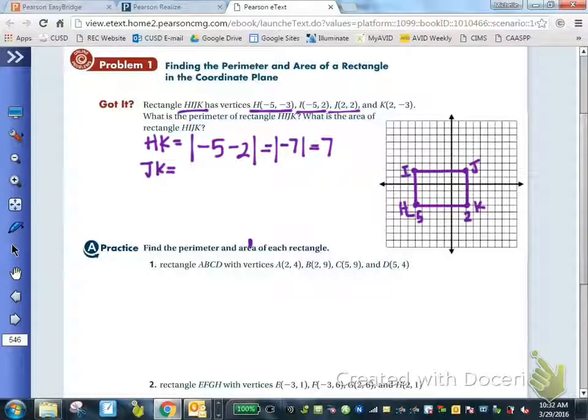Do I have to worry about the x coordinates of JK? No, they're the same. So to find the distance between them, I just do the y coordinates. Let's do -2 minus -3, which becomes, oh, no, the y coordinates. Oh, you're right, it is.